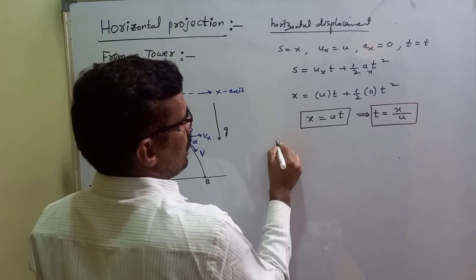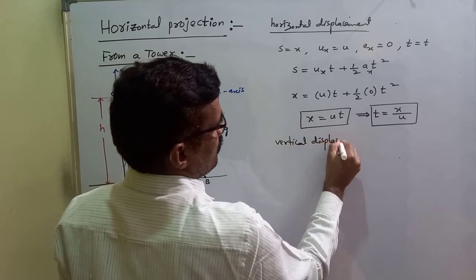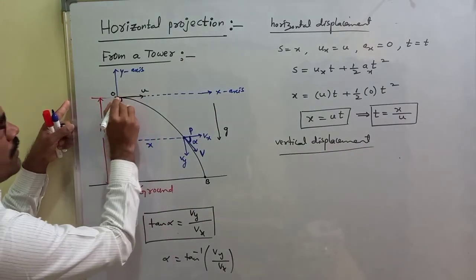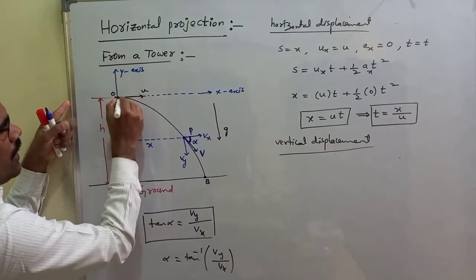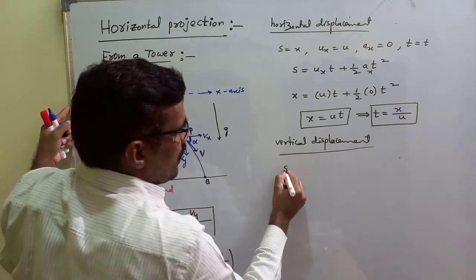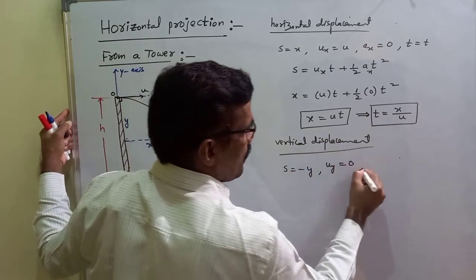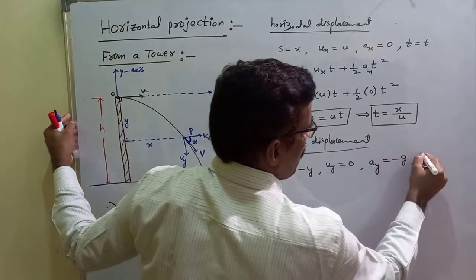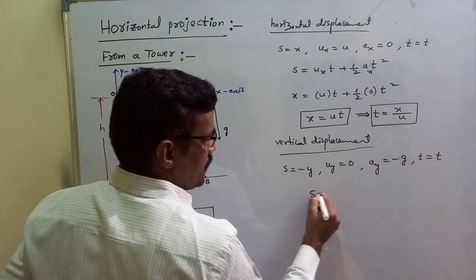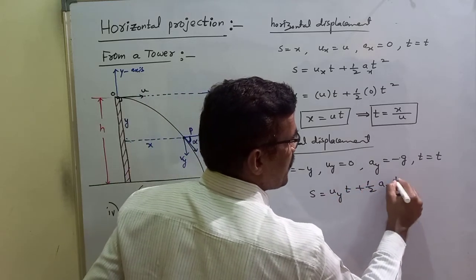Then we want the vertical displacement after t seconds. Listen carefully. Initially, this is the x-axis and this is the y-axis. The vertical displacement is along the negative y-axis, so s is equal to minus y. Then uy is equal to 0, ay is equal to minus g, and time is t. Apply s equal to uy t plus half ay t square.